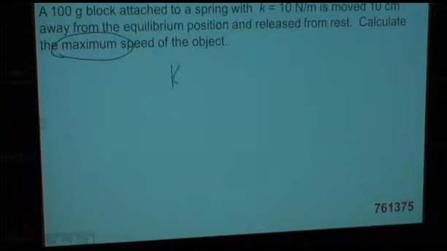So we just said less than a minute ago that maximum kinetic energy is equal to maximum potential energy. This is a specific consequence from law of conservation of mechanical energy. So if you write it like this, now we can solve it for that maximum speed.